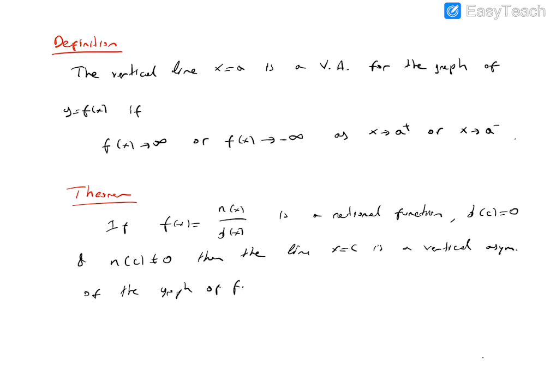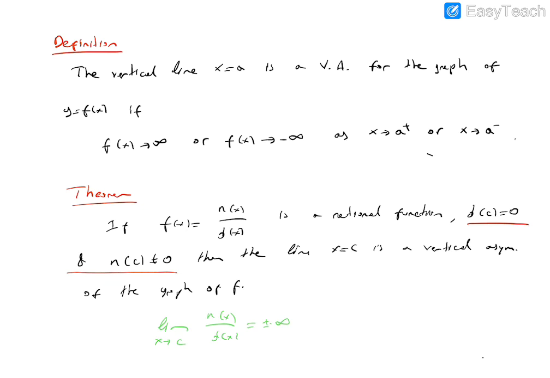According to this definition, if d of x goes to 0, d of c goes to 0, so this implies the limit when x goes to c of n of x over d of x goes to either minus infinity or plus infinity.